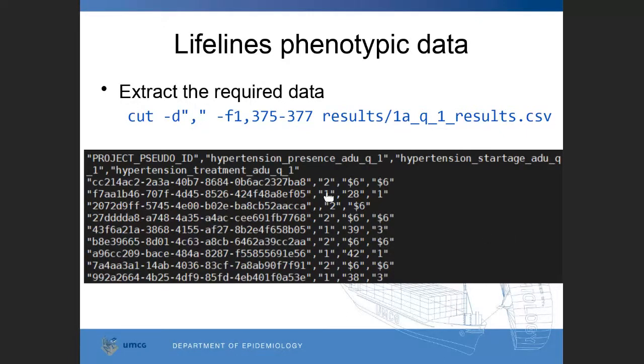Only when there is a 1, say this individual said yes, I do have hypertension, then there are values for start age and treatment. And even then it may not be there, because somebody may not know when hypertension started, it may have been a long time ago. He cannot recollect the exact date or age.